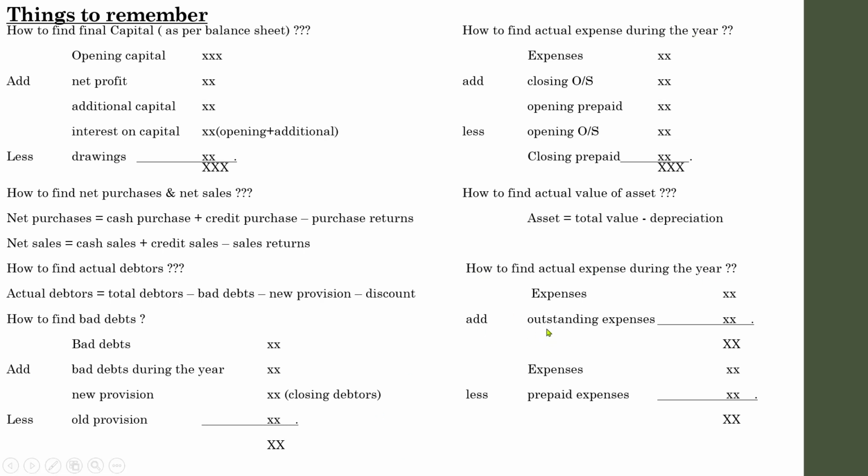The thing is, in the question, if the university or whoever is conducting the test wants to confuse you, they can give two situations, either this one or this one. So what is the difference between this situation and this situation? In both, the question is how to find actual expenses during the year, but the computation steps here are different when compared to this one.